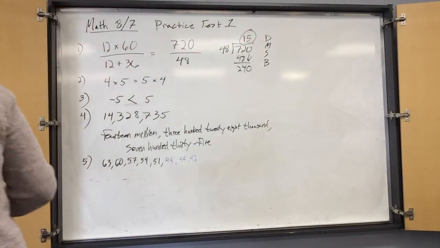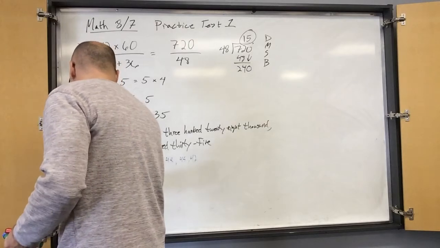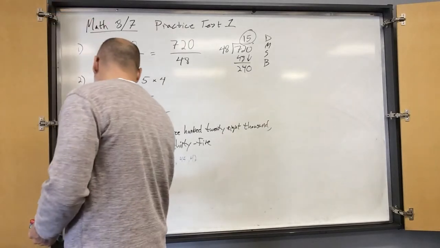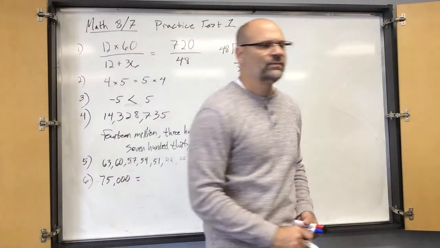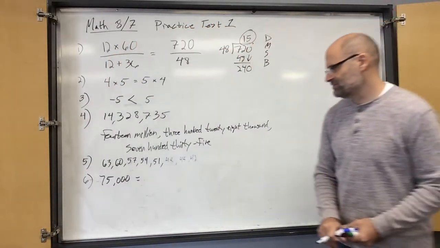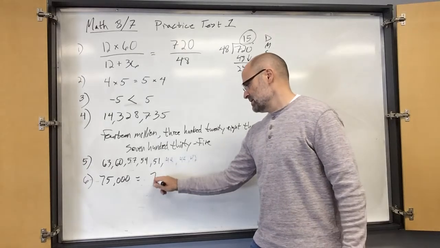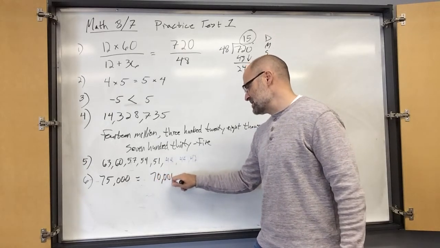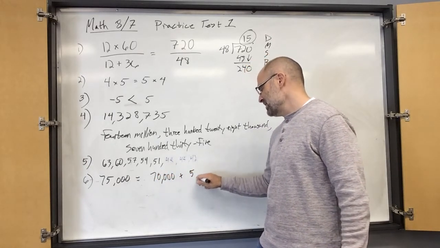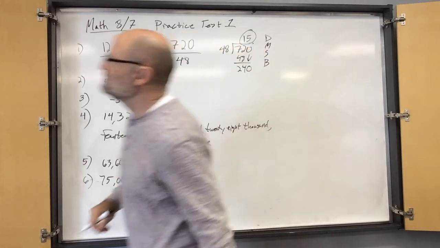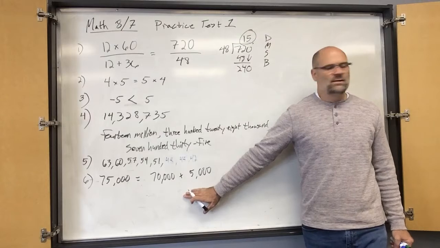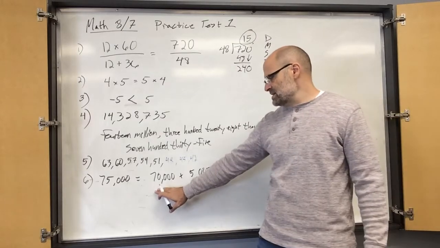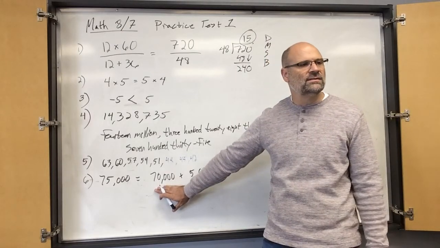Yay. So let's write this sucker in expanded notation. How do you say 75,000 in expanded notation? All right, Evie. 70,000 plus 5,000. Okay, so this is actually place value notation. Does it say expanded or place value? Expanded. So this is awesome, but expanded is just saying 7 what?